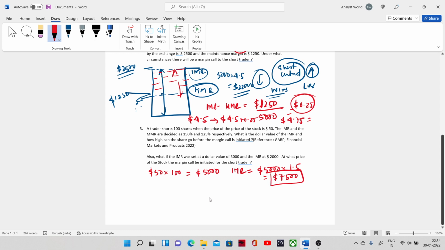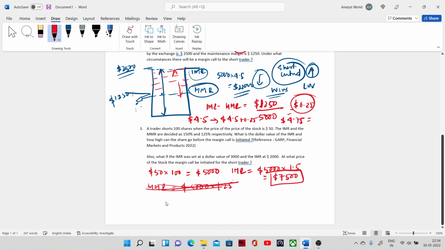And then the maintenance margin has been pegged at 125%. So which means basically this is 5,000 into 1.25? No, this is not the case, because this is given in percentage.